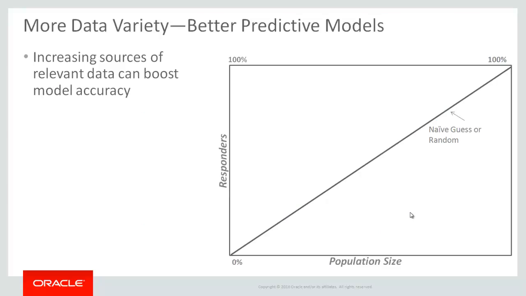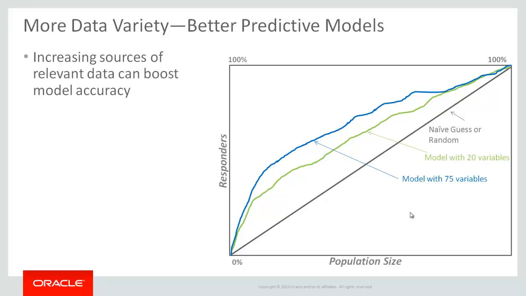And if you believe that better data and more data of the right type is a good thing, then if I had a model with 20 variables, I could probably build a pretty good model. But if I figured out the right variables, because I've got the right customer comments, the right emails, the right PowerPoints, the right purchases, a model with more variables, I should get a better model.